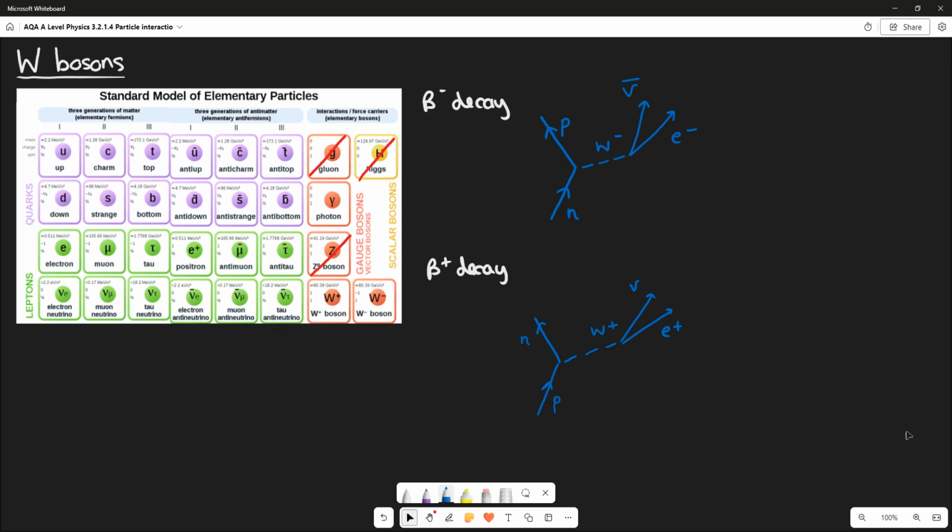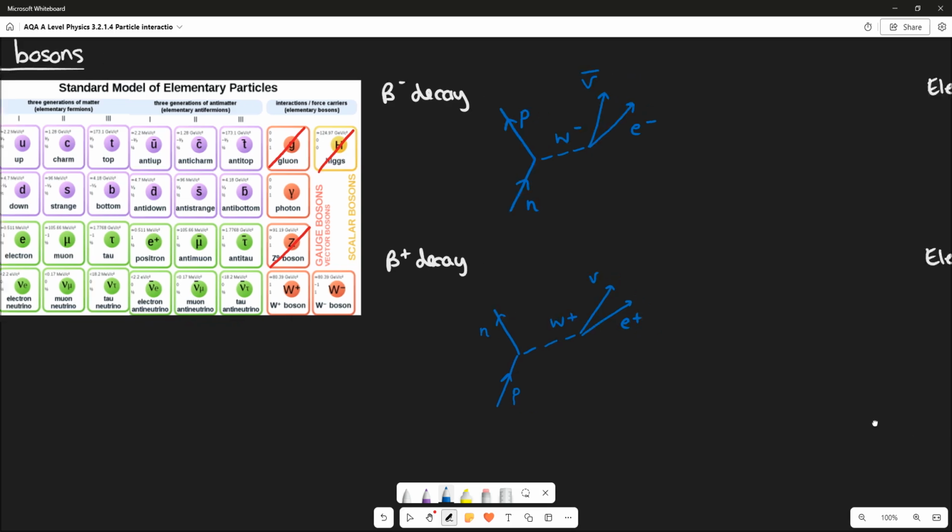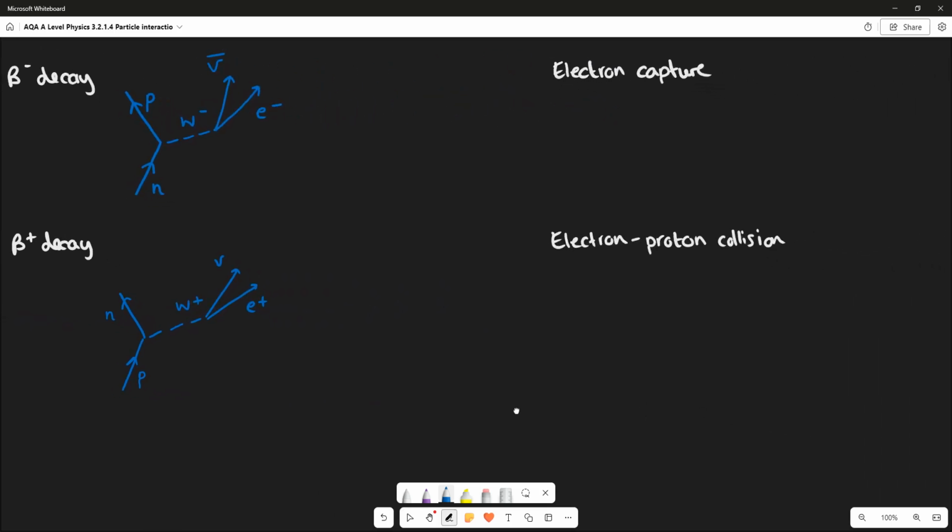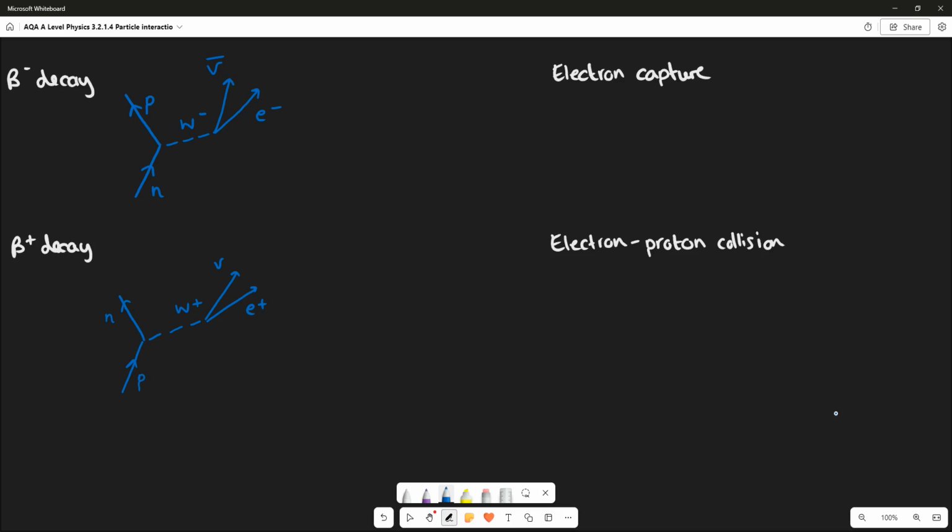Okay, there are a couple of other things that you need to know about in terms of the weak interaction. So there's beta minus and beta plus decay. We also need to learn about electron capture and electron-proton collisions. So electron capture is what happens when you have a nucleus with electrons orbiting around the outside, and the electron is captured and absorbed by one of the protons inside the nucleus.